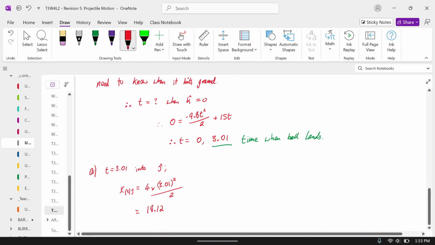Cool, I'll make that an 18. It's asking me how far, so let's put meters on this, that's the units it's using. So it's going to move 18 meters to the left of my starting position. Cool, nice and easy.